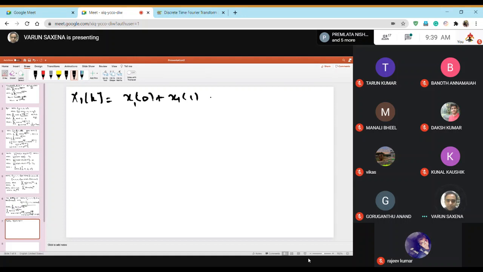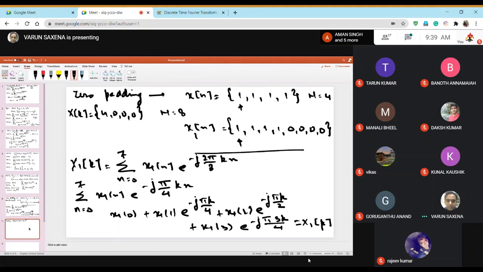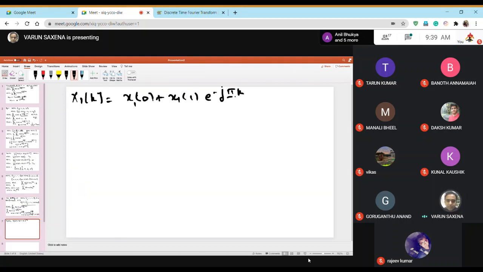x1[1] e to the power minus j pi k by 4 plus x1[2] e to the power minus j pi by 2 k and x1[3] e to the power minus j 3k by 4.